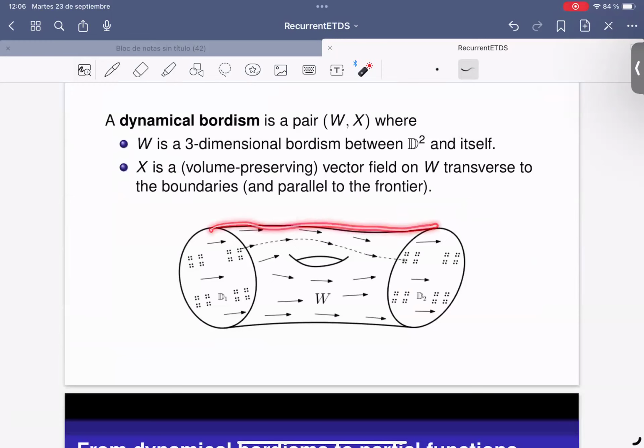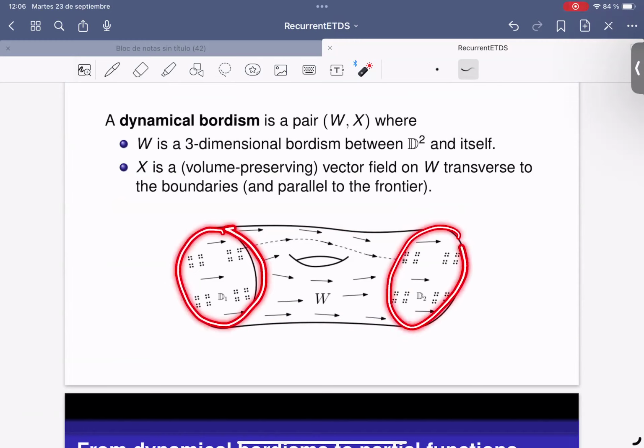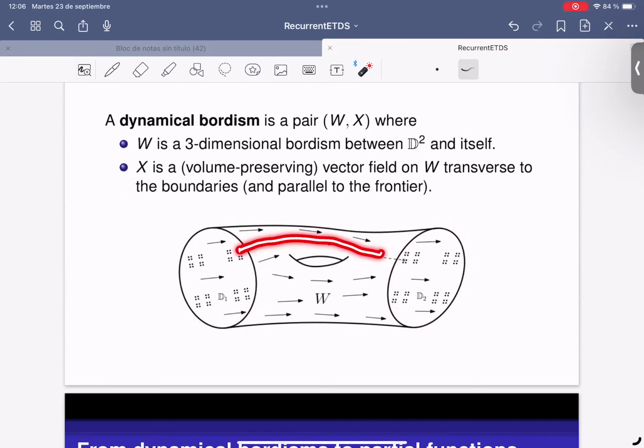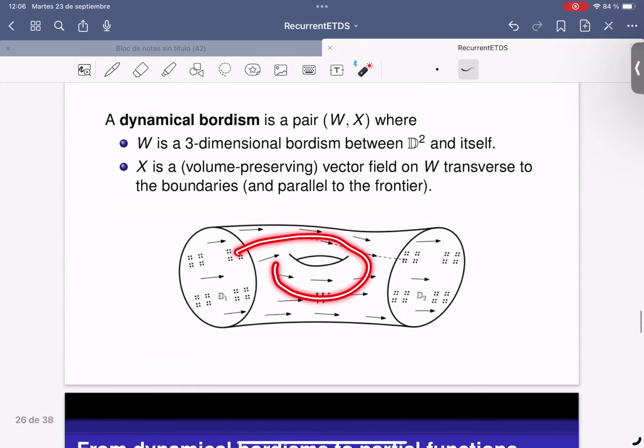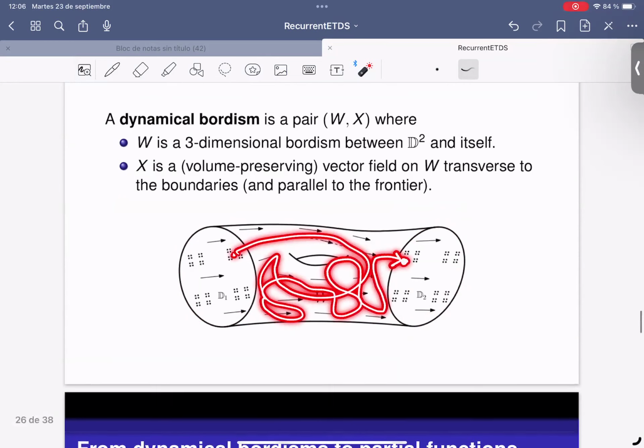So it's a three-dimensional manifold that has two boundaries, this disk and this disk. And the thing that I want to do is find a flow that starts on a point of the Cantor set that represents an input, and then the flow does some crazy things in the middle, but it ends with another point, and what I want is for this point to be the result of executing the Turing machine.